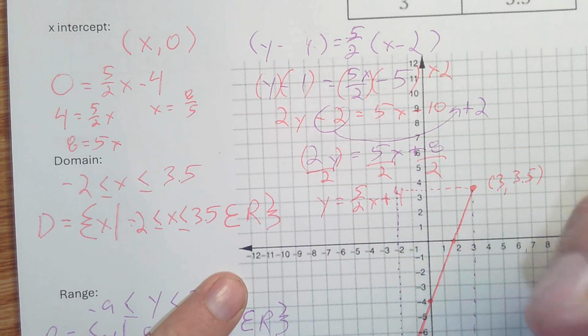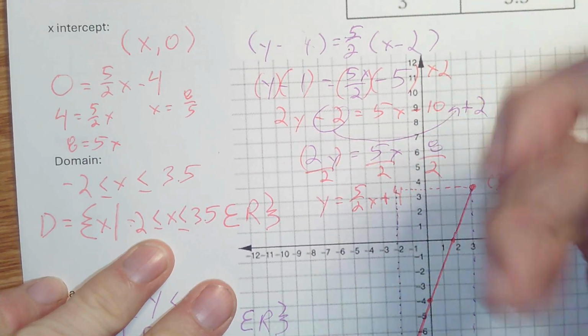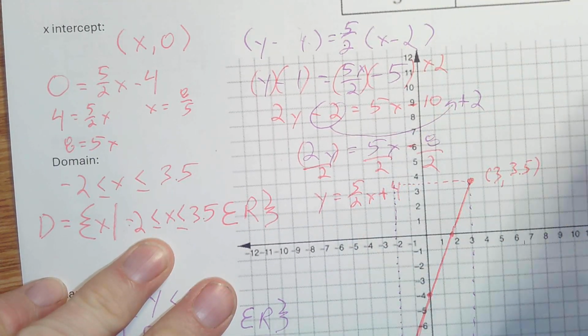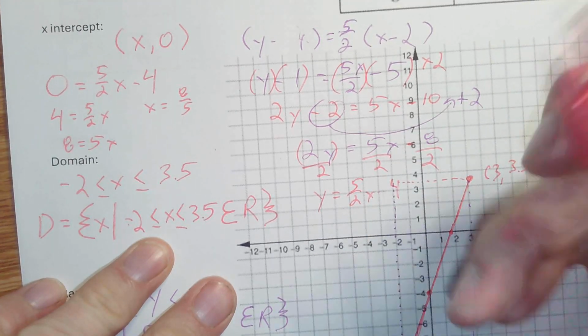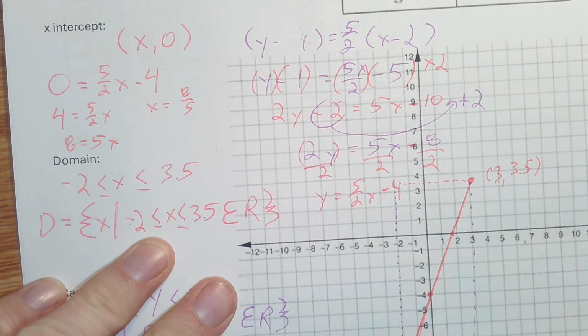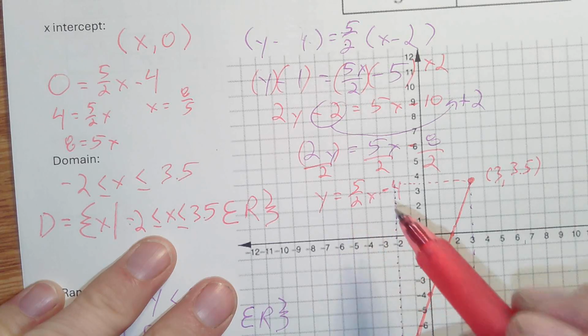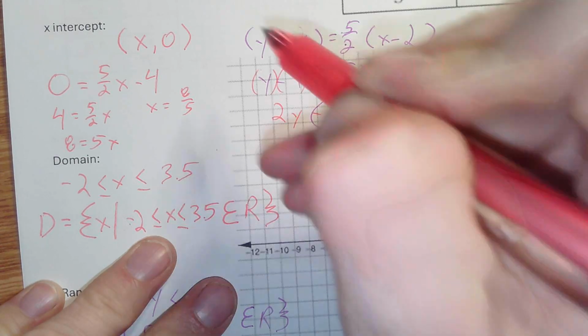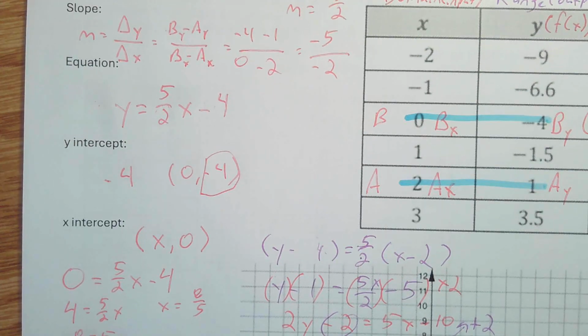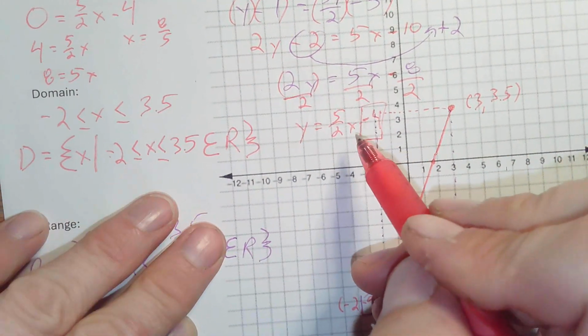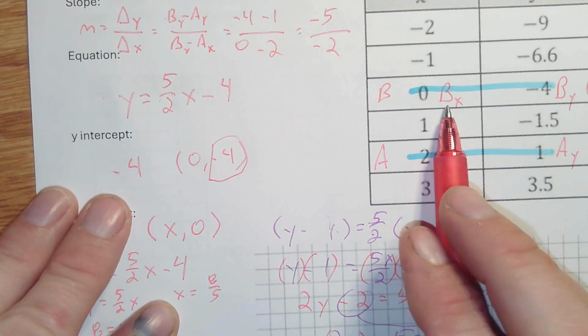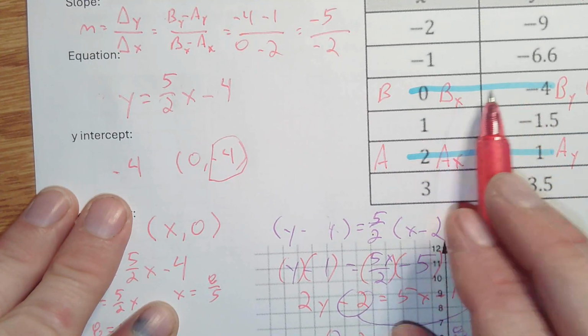Oh, this should be negative. I made a mistake. That should be -2, and then this would be -4. Yeah, so then your y-intercept is -4, like you have up here. And there you go. It's another way to do the same thing if you didn't recognize that that was your y-intercept right off the bat.